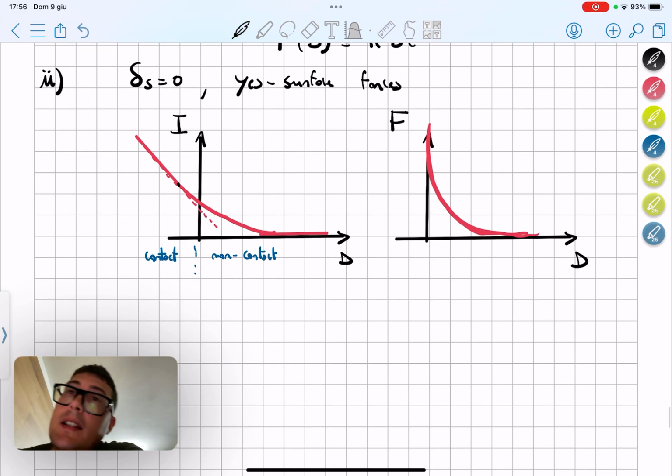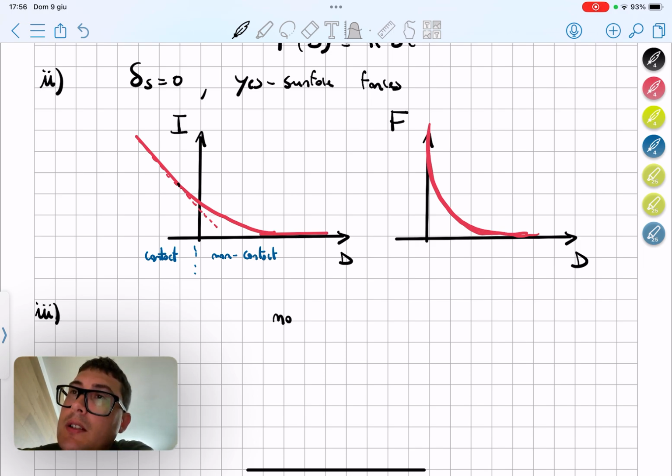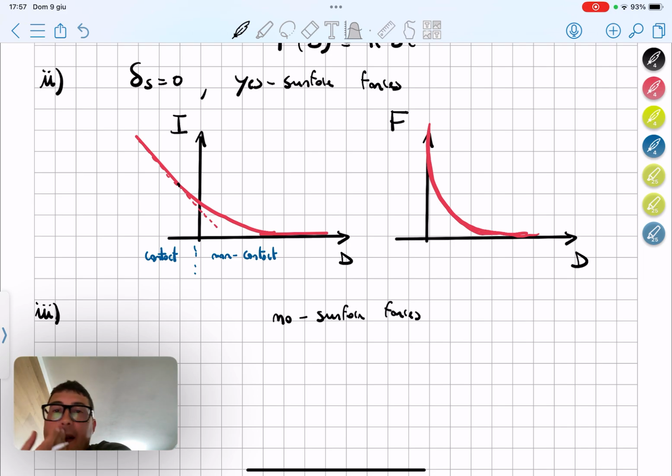The third case is the case in which we suppress again the repulsive forces, no surface forces, these repulsive forces which were responsible for this behavior here.